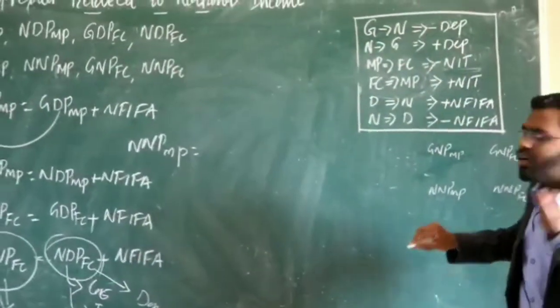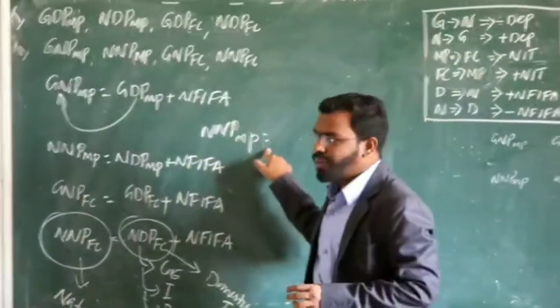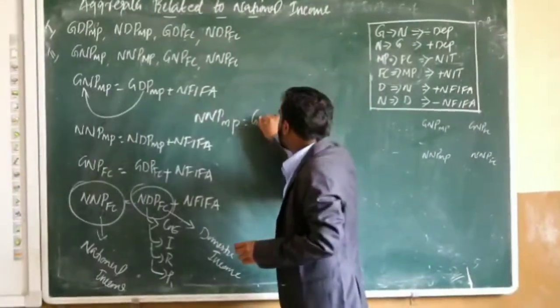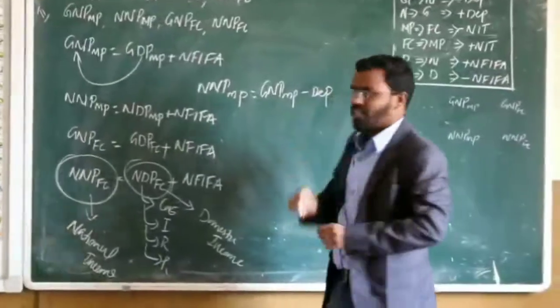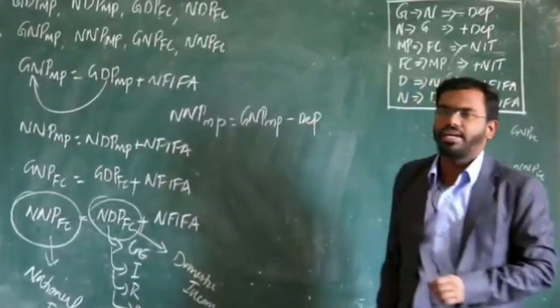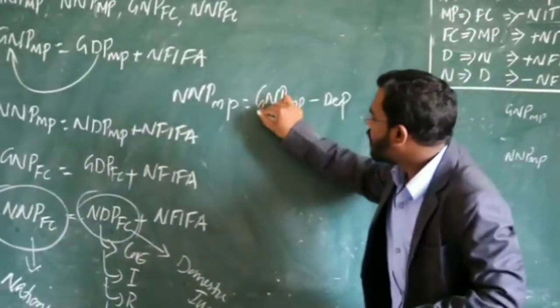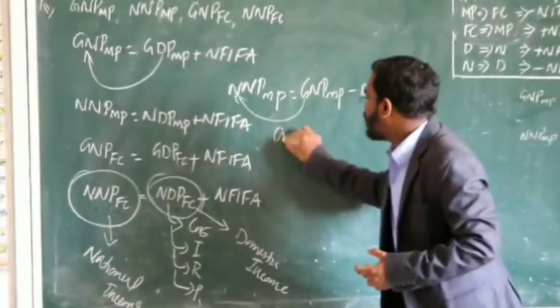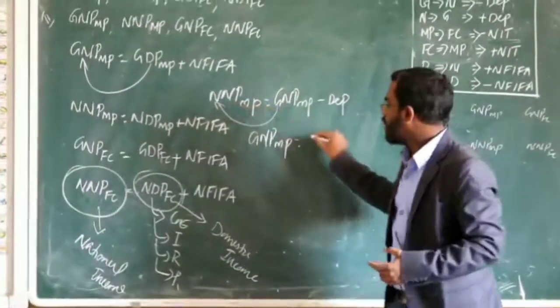By subtracting depreciation. So the second formula of NNP-MP is GNP-MP minus depreciation. If we subtract depreciation from GNP, then this G will change into N. Then how can we calculate GNP-MP from NNP-MP?